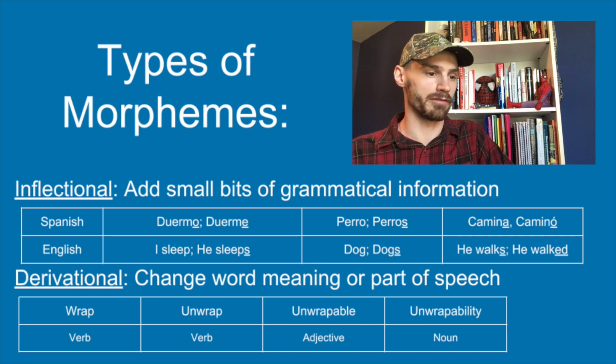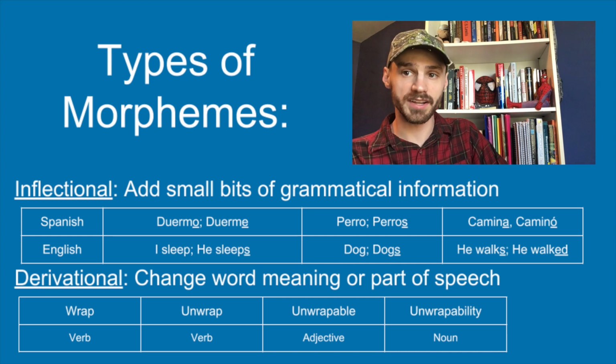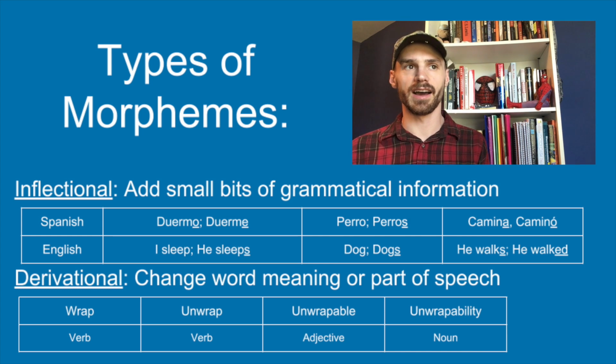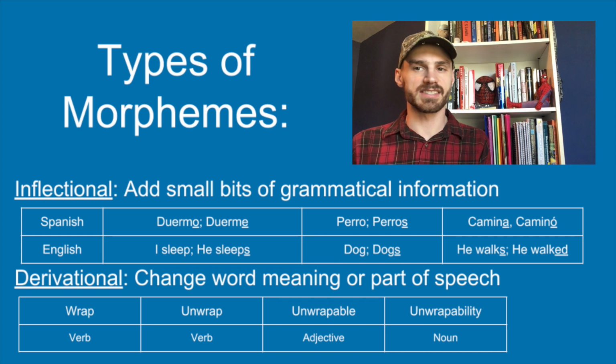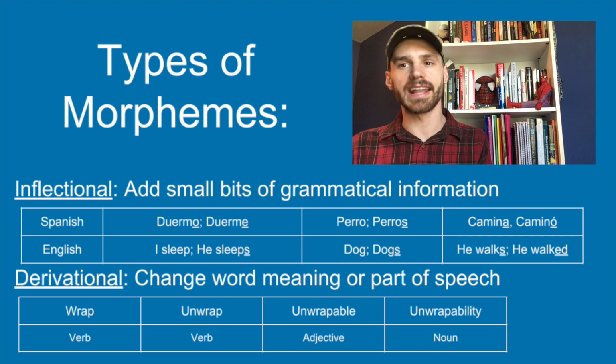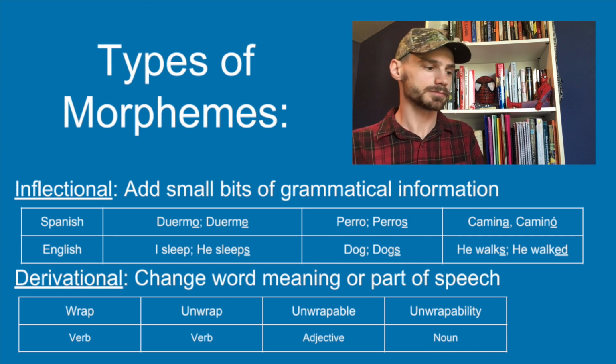It's an inflectional morpheme. Same thing with walks or walked. That ed at the end, you're not really changing the word, right? Saying he walked is not really a whole lot different from saying he walks. It's just adding a little bit of grammatical nuance to let you know that this happened in the past.